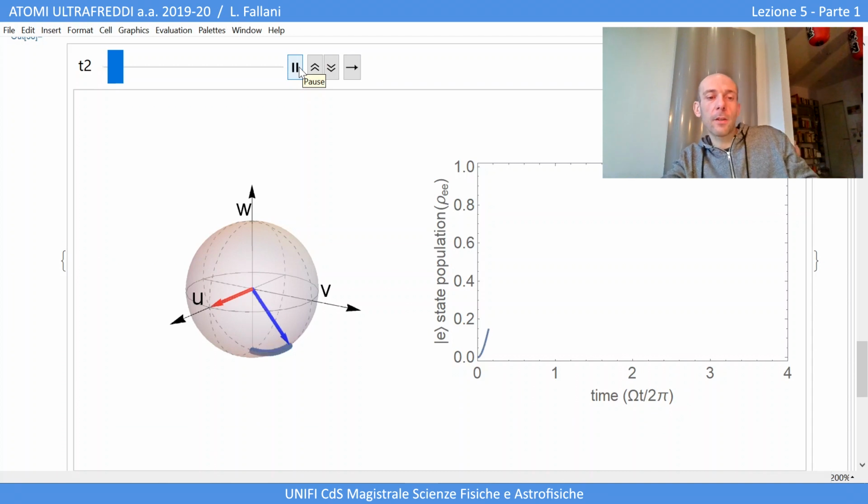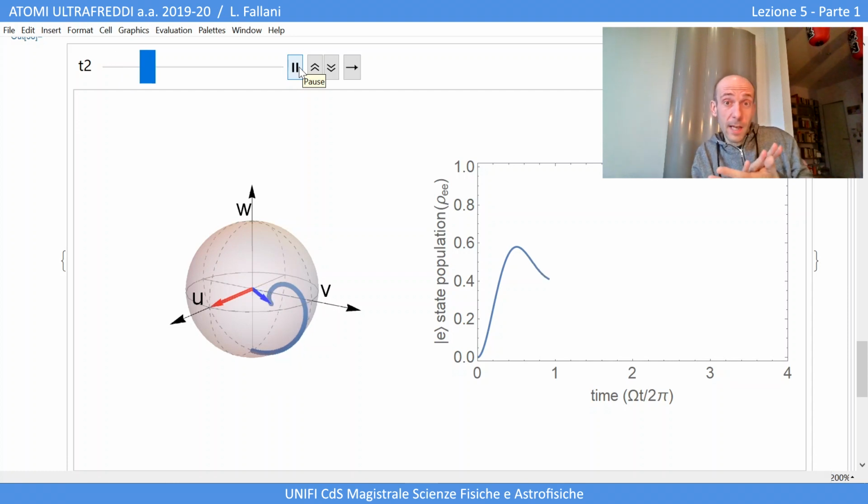And the effect of this relaxation, you see here quite clearly, is that the system changes from a pure state at time t equals 0 to a mixed state at a time larger than 0. You see here quite clearly that the arrow of the Bloch vector reduces in modulus.